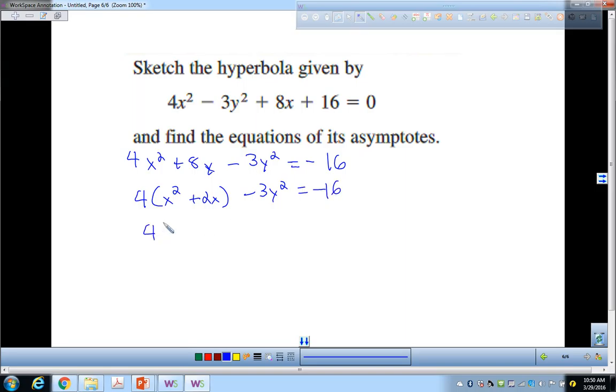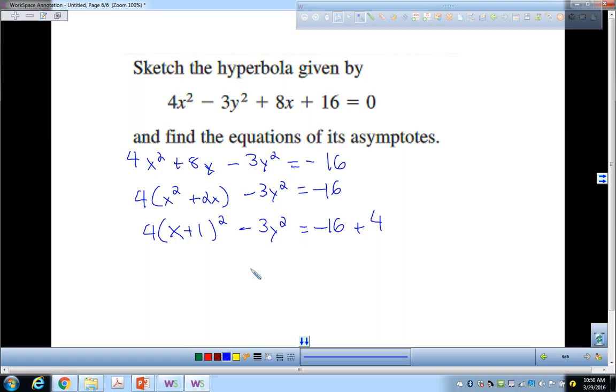I'm going to complete the square. 4 times what? x plus 1. This is where it gets kind of weird. Minus 3y squared equals negative 16. What do I have to add to this side? Plus 4.